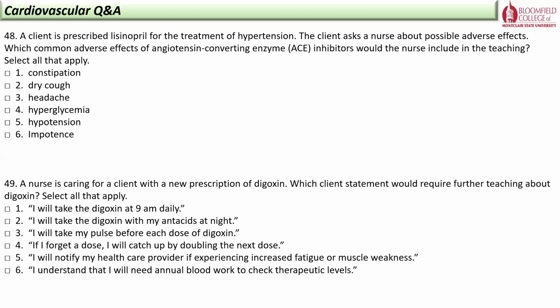This is exactly like 6 a.m. or 7 a.m. in the morning, to be consistent at a specific time every day. We also teach the client to take the pulse before each dose of digoxin and to notify the PCP if the rate changes, especially if it is less than 60.